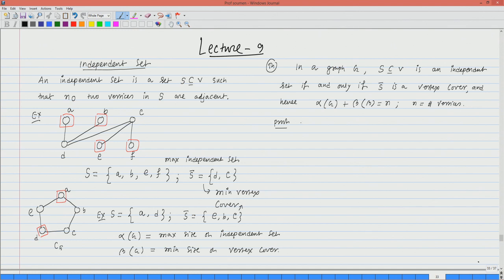This is an important result, that the complement of a vertex cover is an independent set.